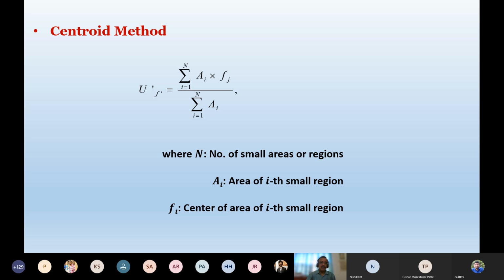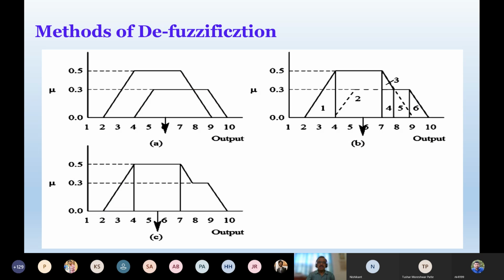So using this particular formula, very easily you can find out what should be the crisp output corresponding to your centroid method. I'll be solving one numerical example in today's class. You just wait a little bit, things will be 100% clear.